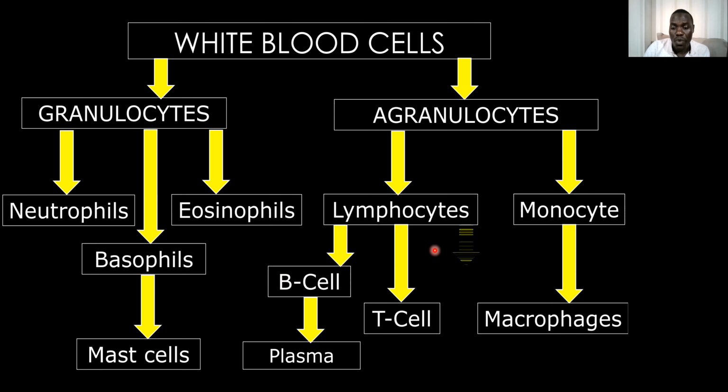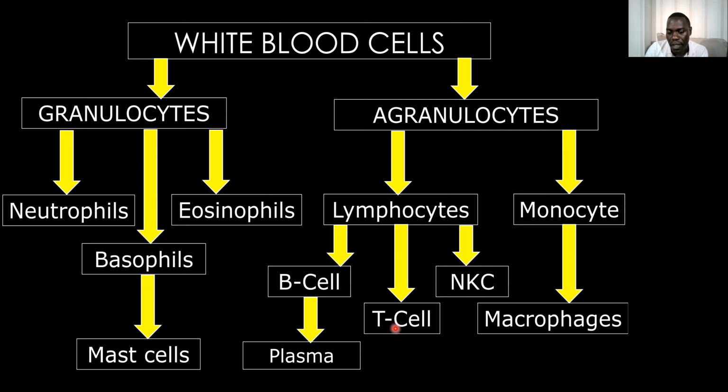The third type of lymphocytes are the natural killer cells. These are cells that kill indiscriminately. They offer immunity against tumor cells and against some intracellular infections as well, especially the ones which are not linked to major histocompatibility complex proteins.